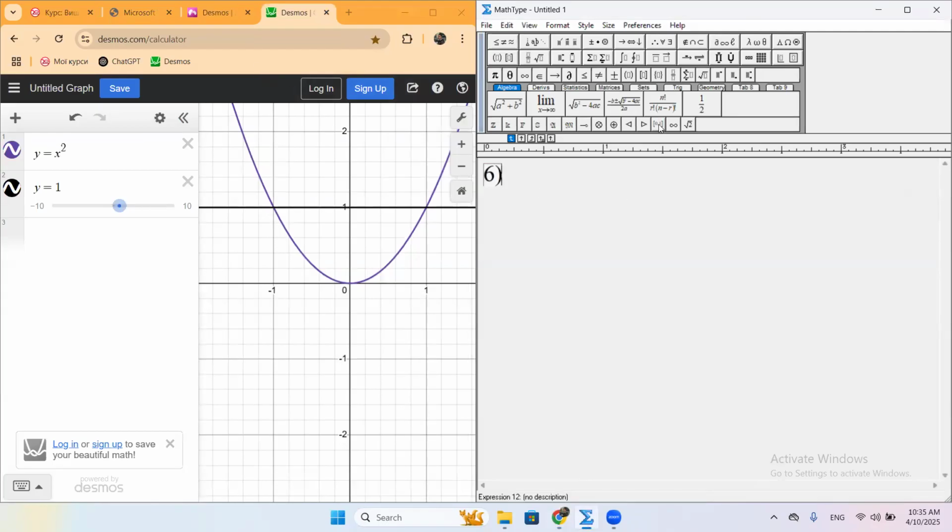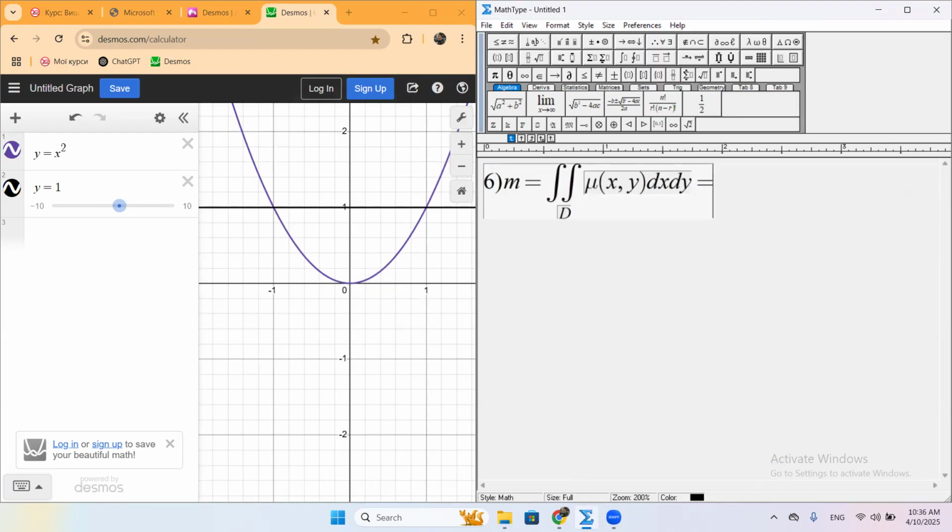And how can we calculate the mass? We will use the following formula. So a double integral of the density. So actually like a usual double integral.